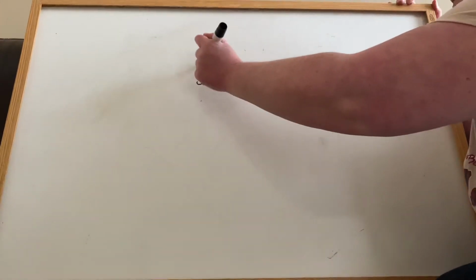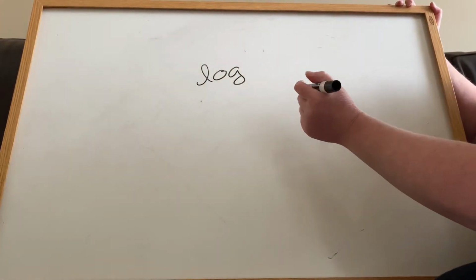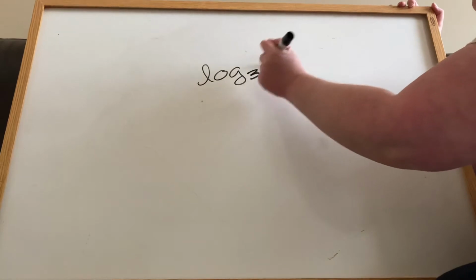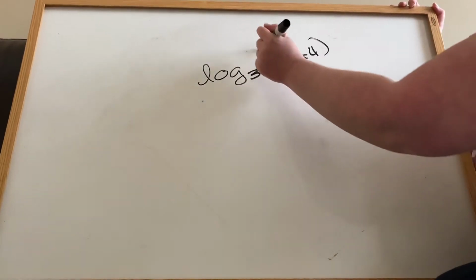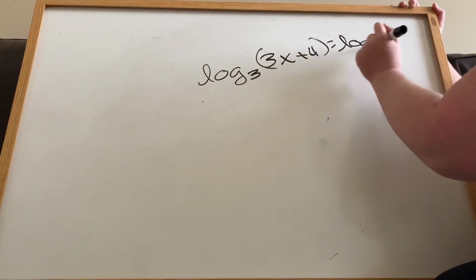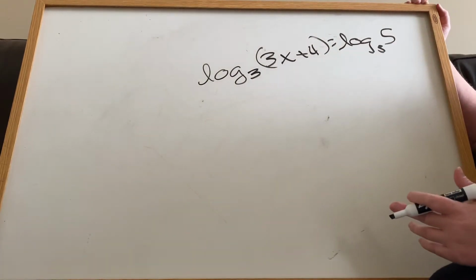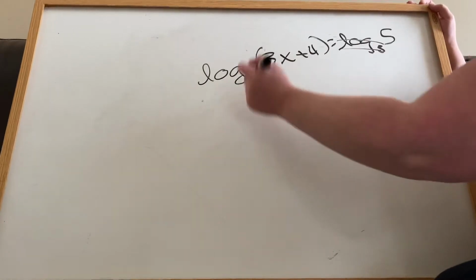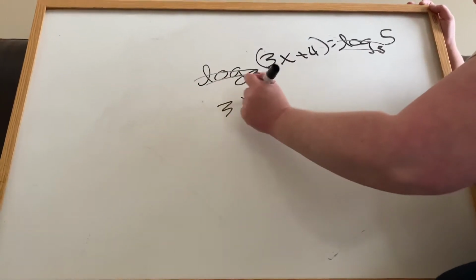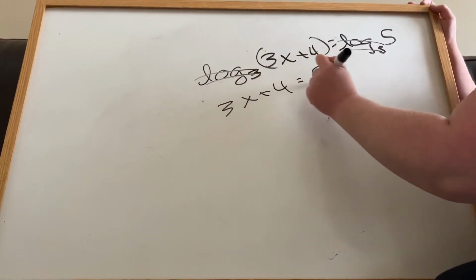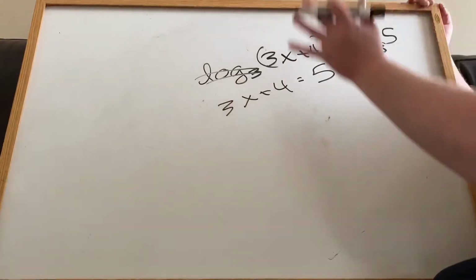So looking at that first one, you've got log base 3 of 3x plus 4 equals log base 3 of 5. So you say, okay, I only have one log on each side of the problem. All of the logs go away. So now you've got 3x plus 4 is 5, and fingers crossed everyone can solve that.